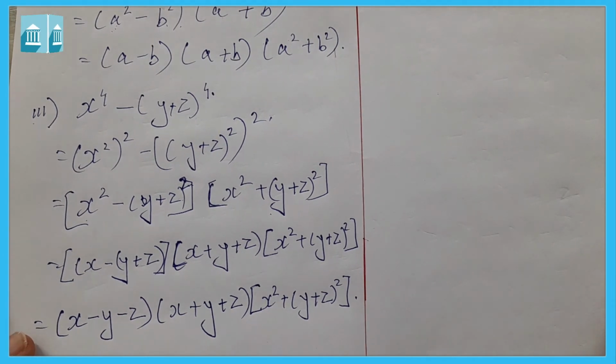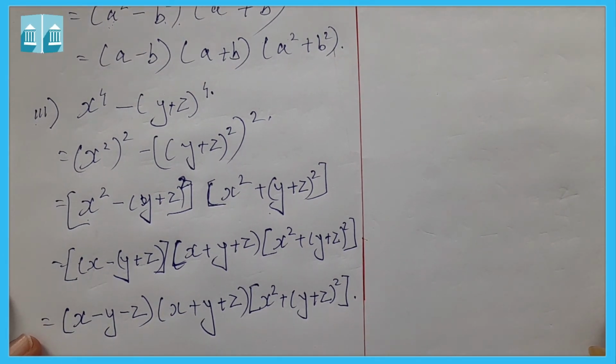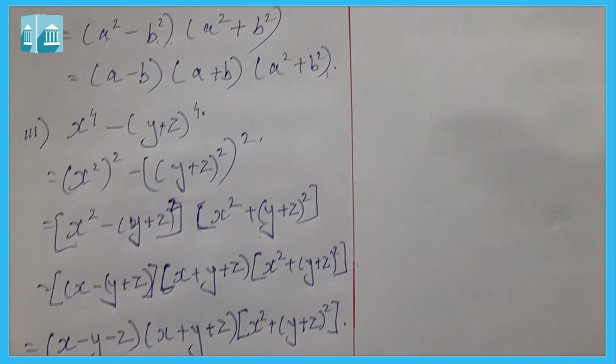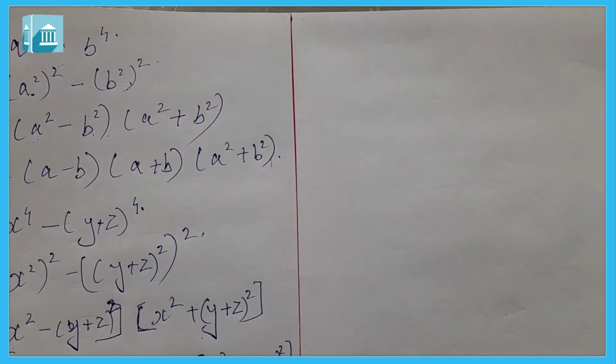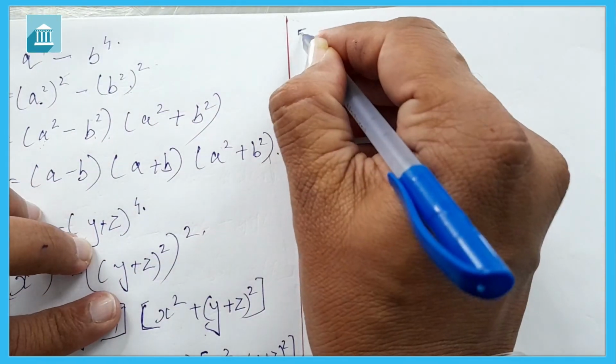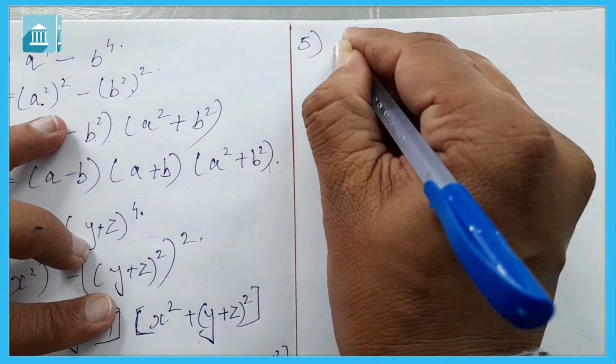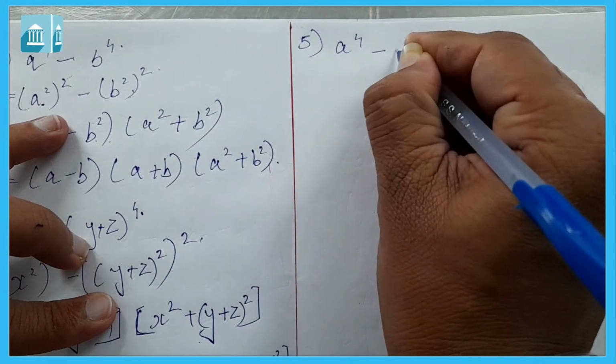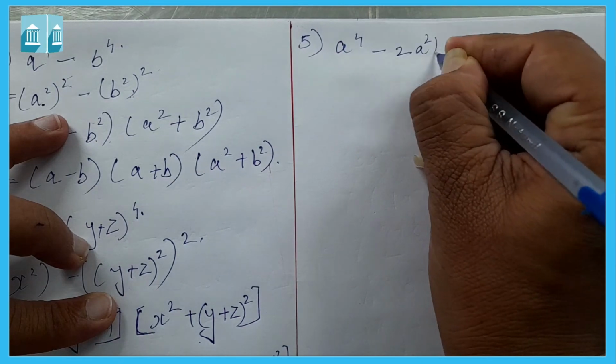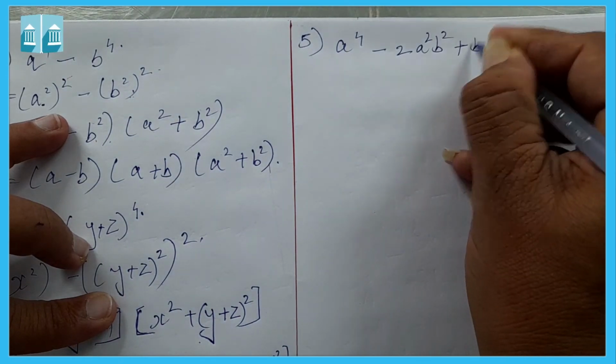Now question number 4 is again the same as we had done. Let us do question number 5. Question number 5 is a to the power 4 minus 2a square b square plus b to the power 4.